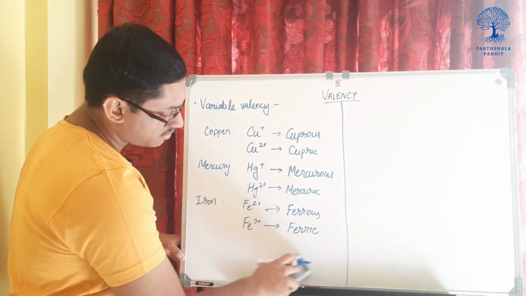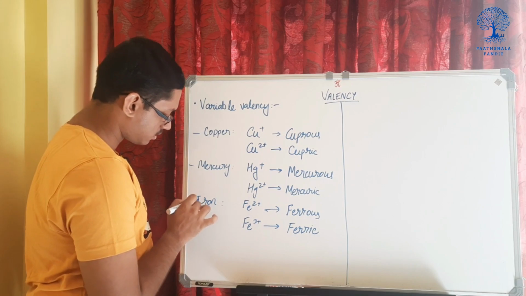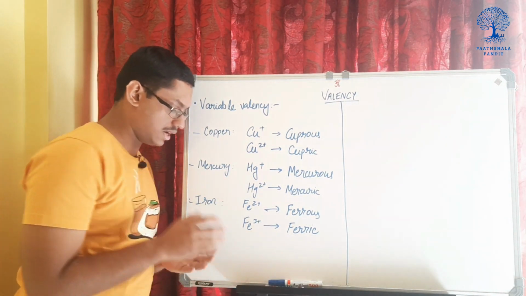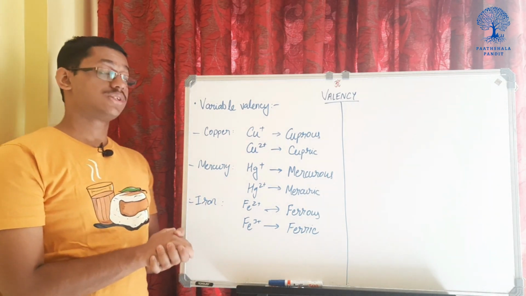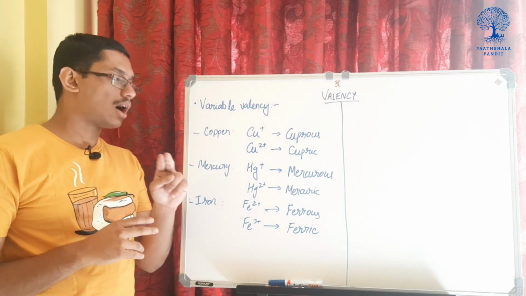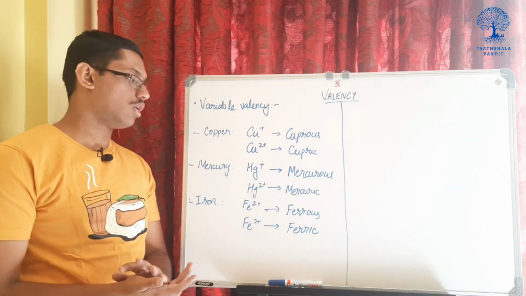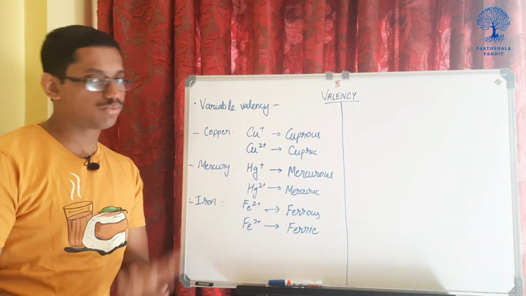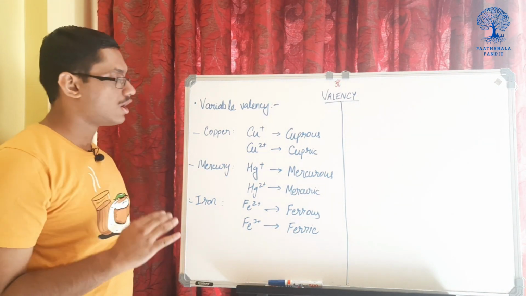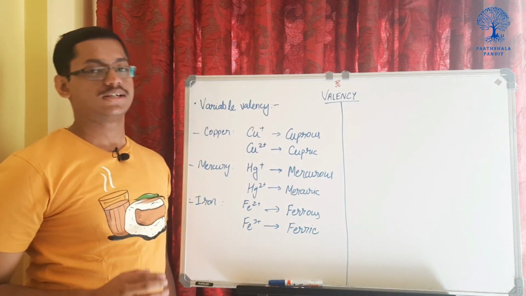So how to remember the names? One simple technique, I think you have guessed it by now: the atoms which are variable in valency have, in most cases, just two options, either 1 or 2, or either 2 or 3, or either 1 or 4, any two numbers between 1 and 4. Copper has chosen two options, either it can give 1 electron or 2 electrons.